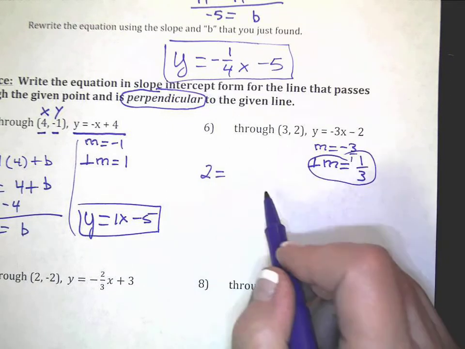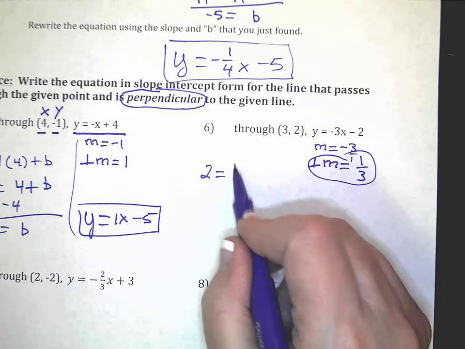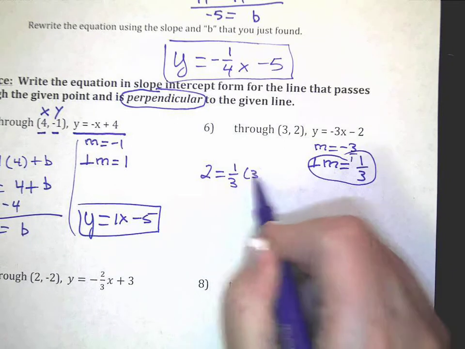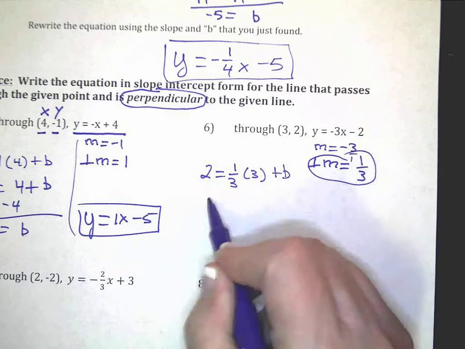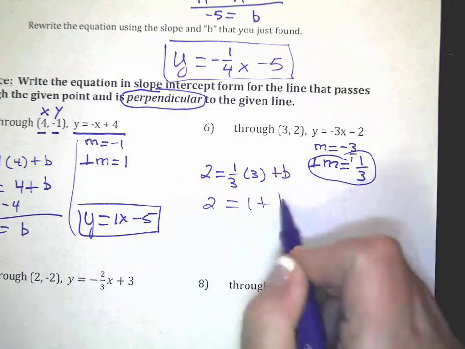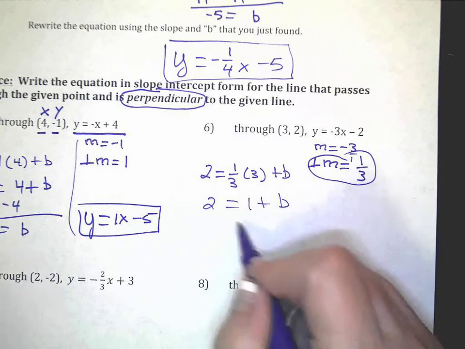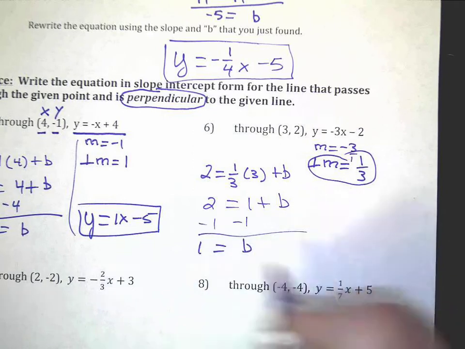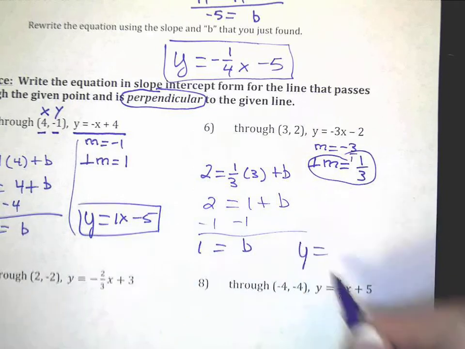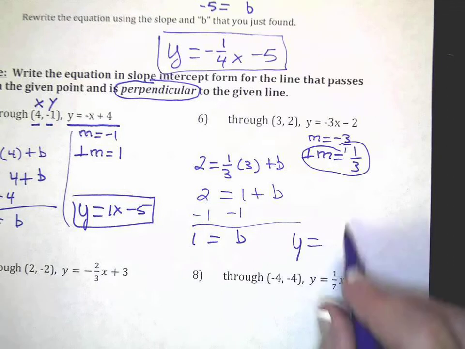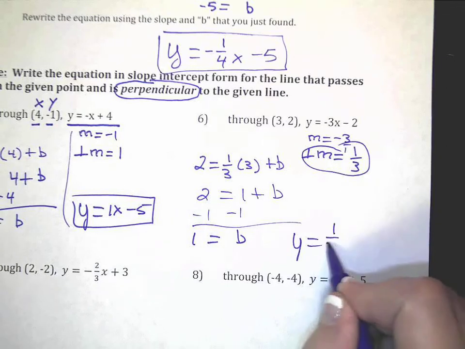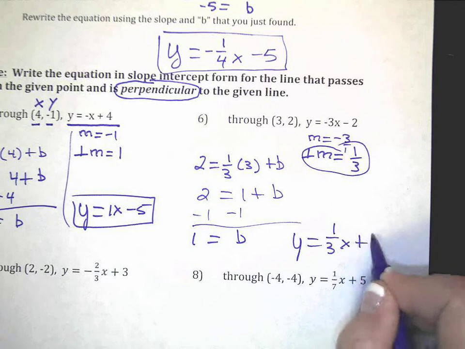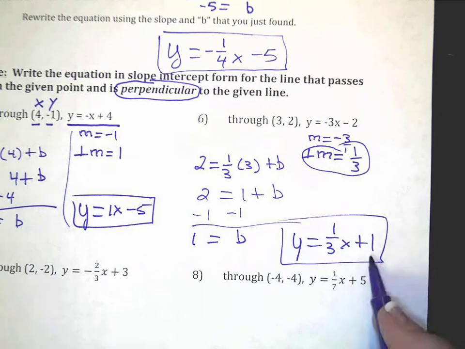Substitute what we know. 2 is equal to 1/3 times 3 plus b. So 2 is equal to 1 plus b. Subtracting 1 from both sides, b equals 1. So our equation becomes y equals the perpendicular slope of 1/3 x plus our y-intercept, which is 1.